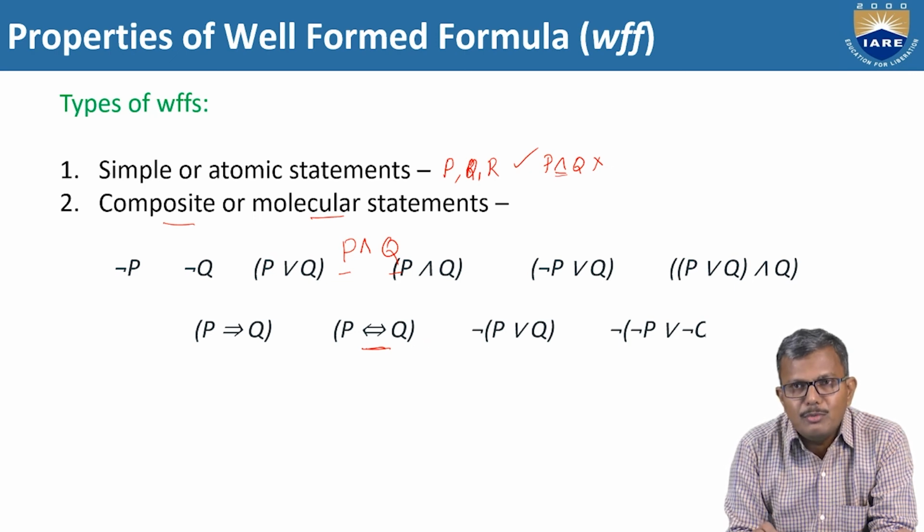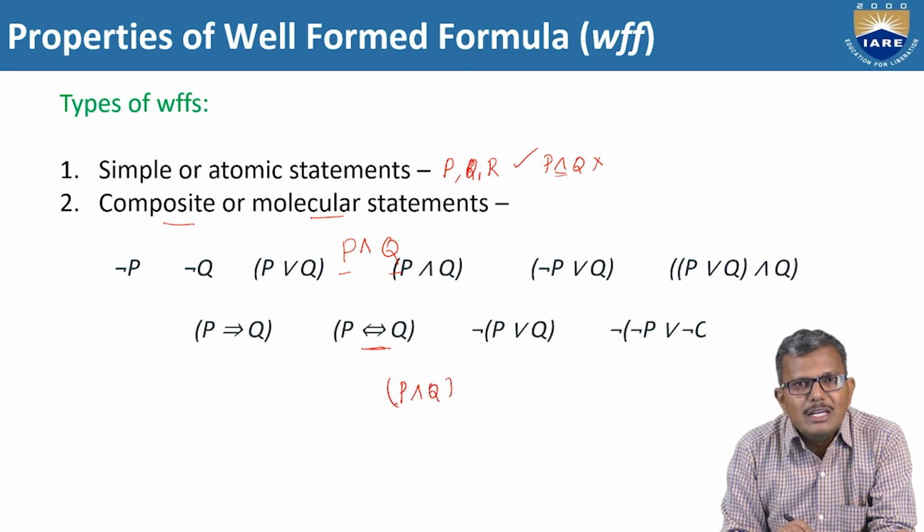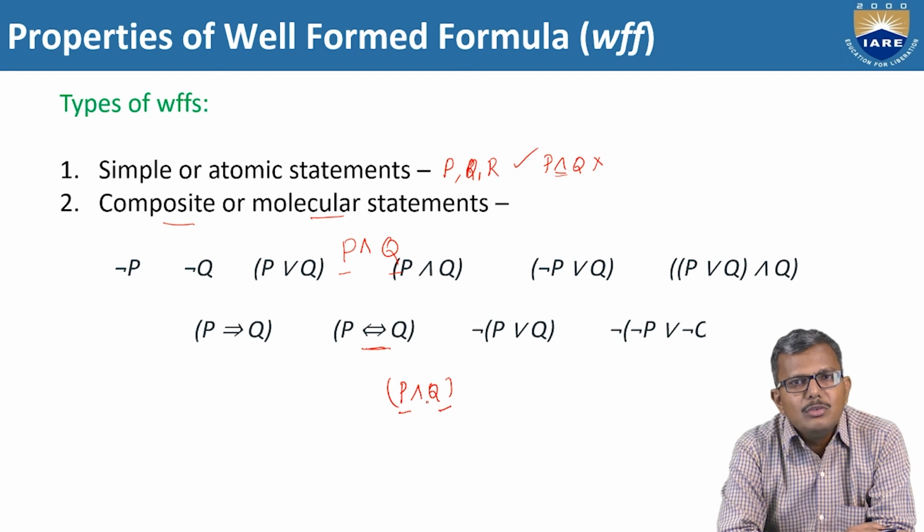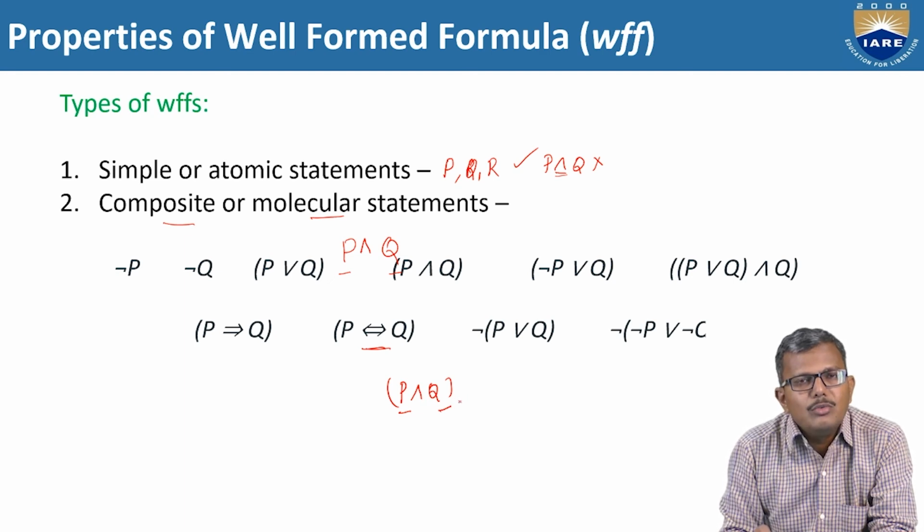But remember, if I want to prove that P and Q is a valid statement, then before that I need to prove that P is valid and Q is also valid. Then only I can say that P and Q is also valid. Individual validation is required as well as combined validation.